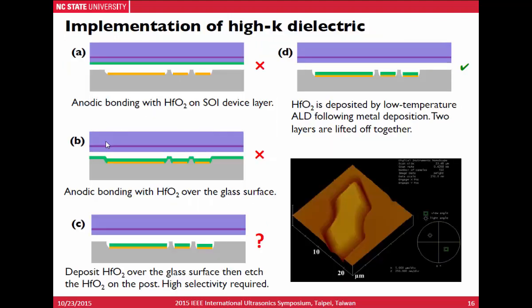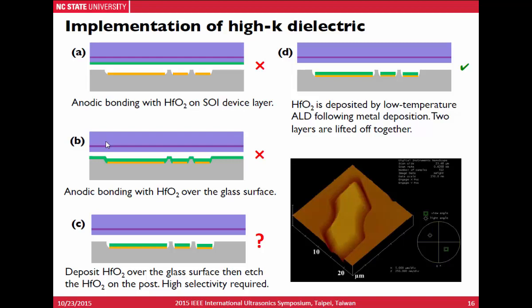We tried several implementations. Putting the high-K dielectric layer on the SOI wafer or on the glass surface will lead to a bonding failure because the oxygen cannot diffuse through the high-K dielectric layer for efficient anodic bonding.